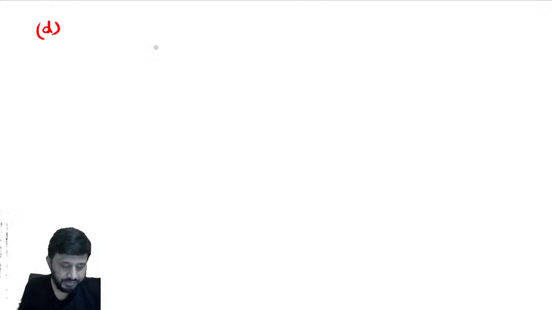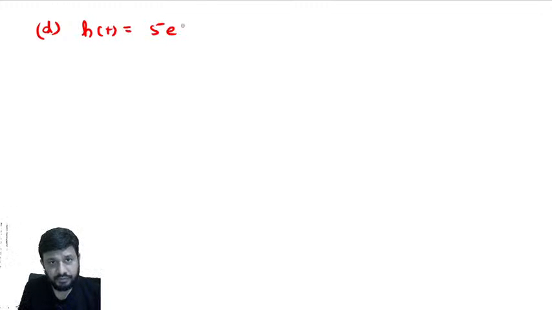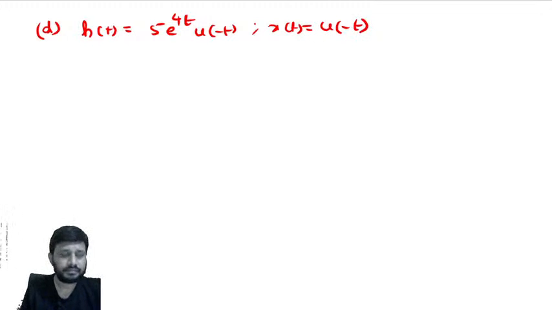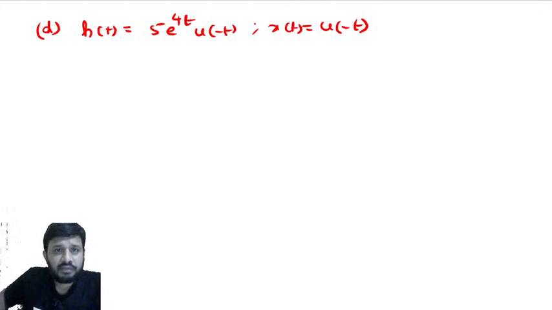D. h of t is equal to 5 e power 4t u of minus t, x of t is equal to u of minus t.